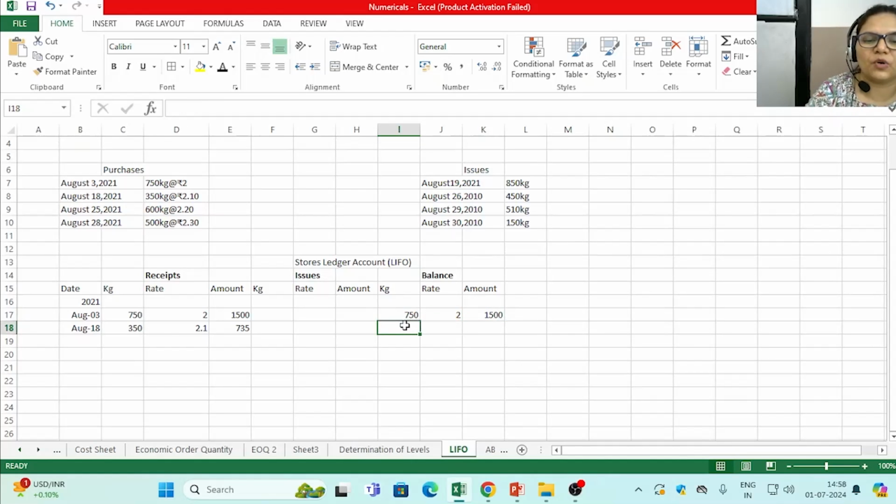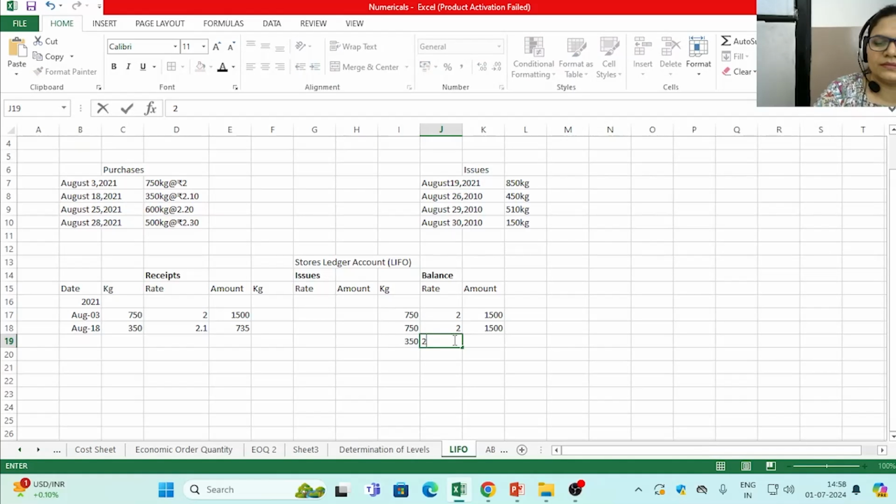First we copy this old balance in the same format, kg, rate and amount. After that, we copy the new balance on August 18, that is 350 at the rate of rupees 2.1, and it comes to 735.